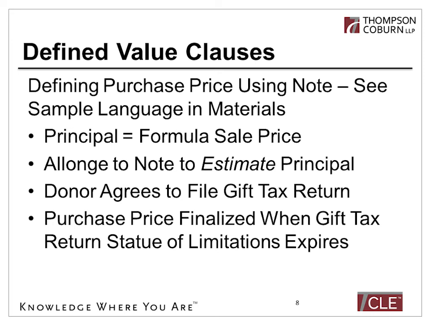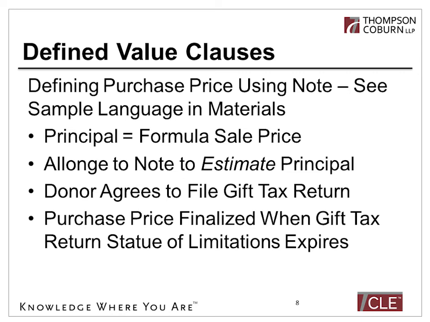I do a defined purchase price using a note, and if you look in my materials, I have actual language for you that I put into my agreements. It's about 3 pages down in there. In the sale agreement, the clause says, in consideration of a sum equal to the fair market value, the seller is transferring the property.